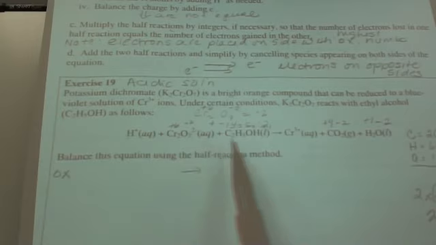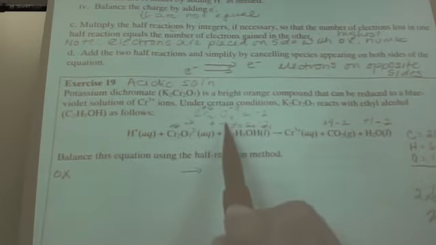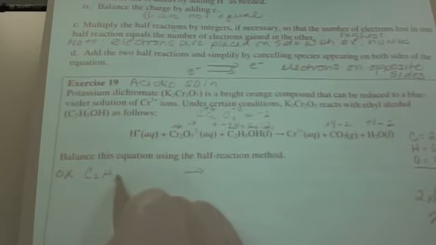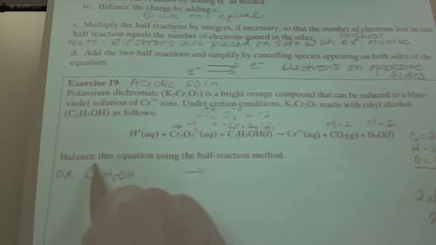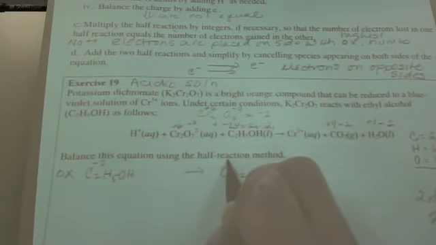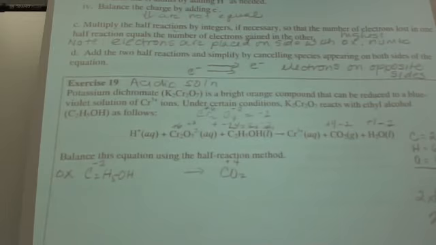I'm looking for an atom that increased across the arrow. Carbon did. Okay, so the carbon in the alcohol went from -2, and on the other side it becomes +4.